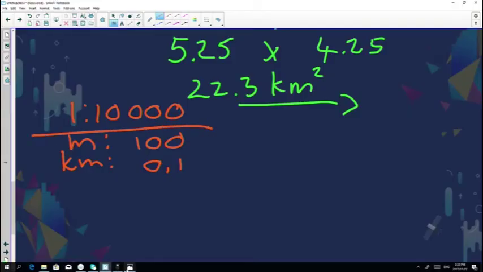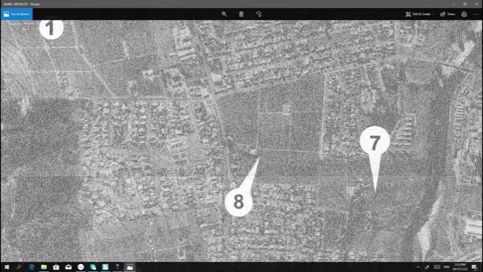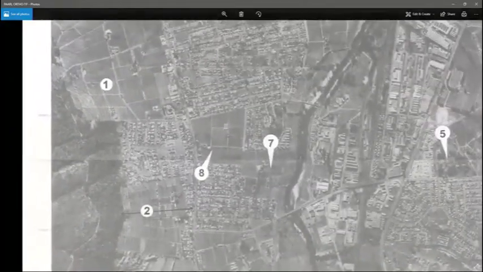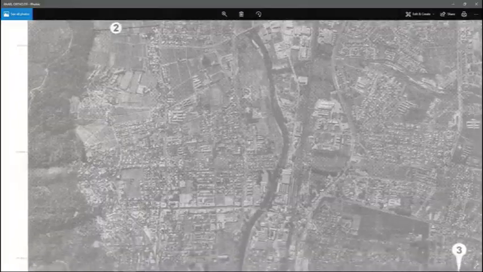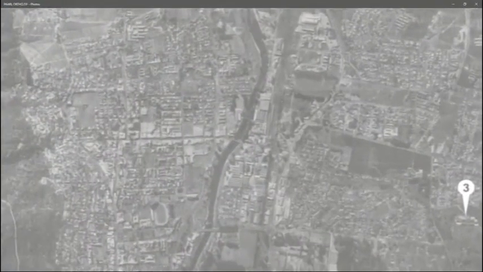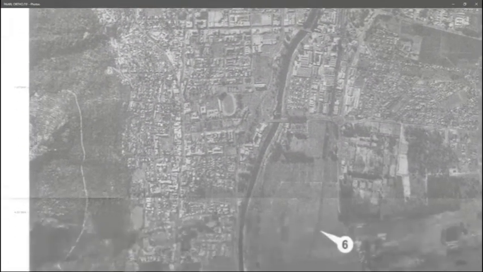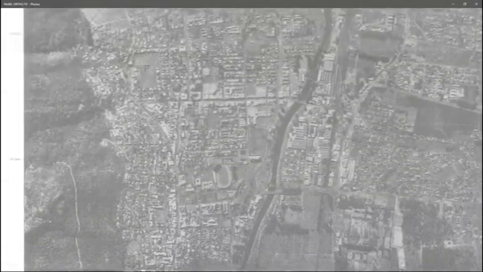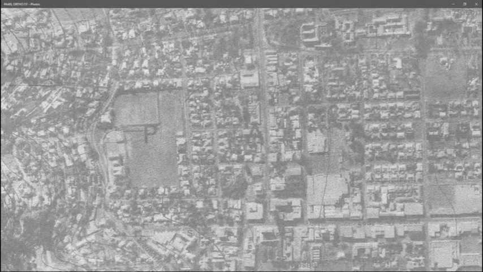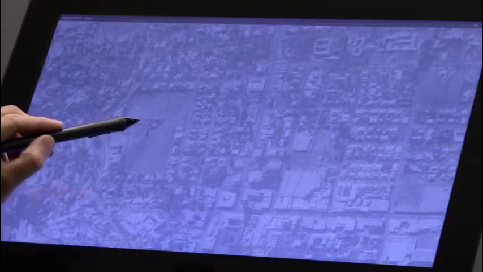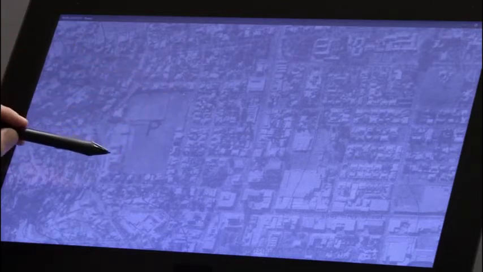Now let's have a look at our autophoto. For instance, this area there. Let's just zoom in over here. If you can see this area P situated over there, you can see it's quite a square shape area situated on an autophoto.